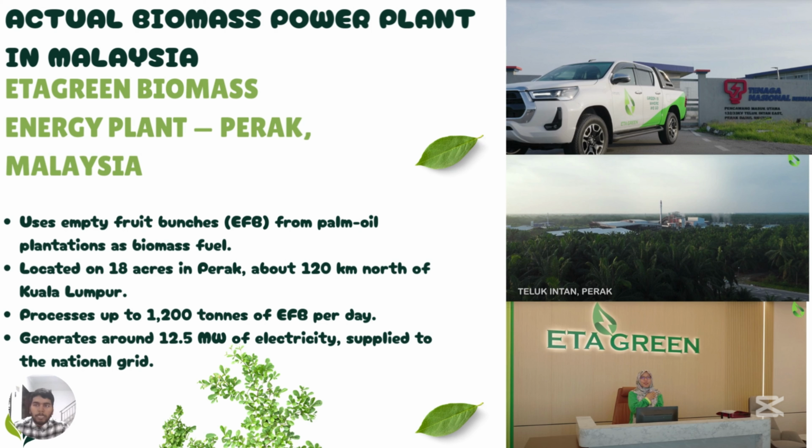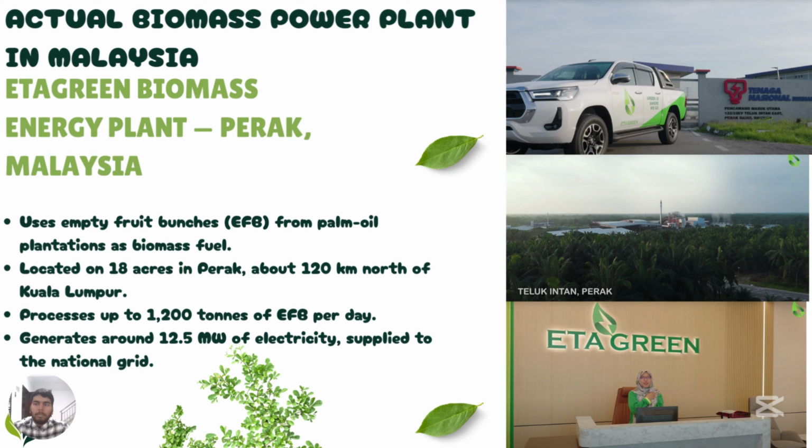What makes ETA Green stand out is that it's not just a power plant. It also practices a zero waste concept. Besides electricity, the plant produces valuable byproducts such as fertilizer, EFB fiber, and pellets that can be used for industrial applications. By recovering these materials, the plant reduces environmental pollution and improves the sustainability of palm oil waste management.